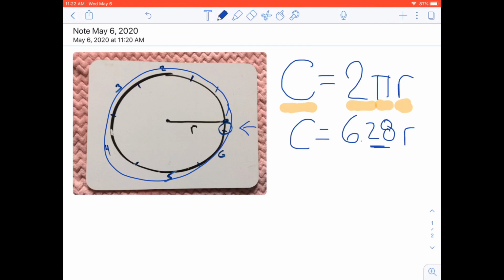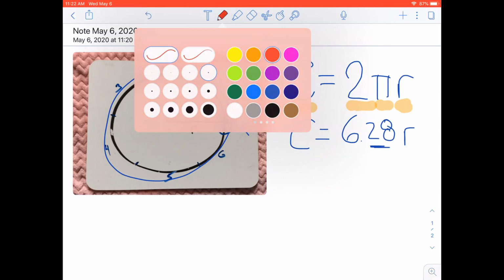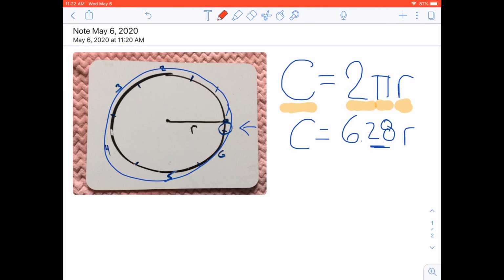And if we look at another value, we would see that half of a circumference is equal to just pi radii. So if we look at our drawing, if we extend this over to be basically half of a circle, we see that a little bit more than 3 is where our half circle ended up, which makes sense because that would be 3.14 radii.